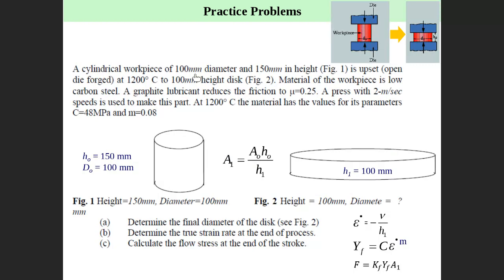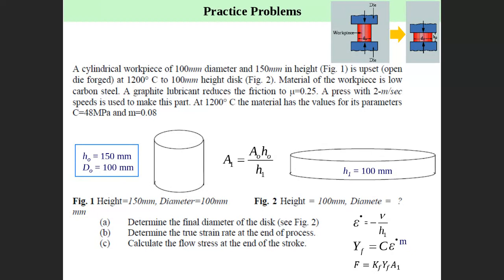A cylindrical workpiece, 100 millimeter diameter and 150 millimeter height. So H0 and D0 are given. It is upset. Upset means hammering. Hammering is forging, open die forging at 1200 degrees Celsius.